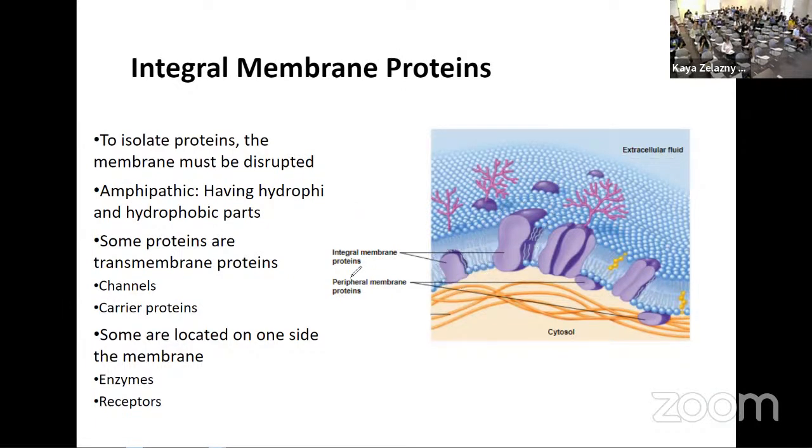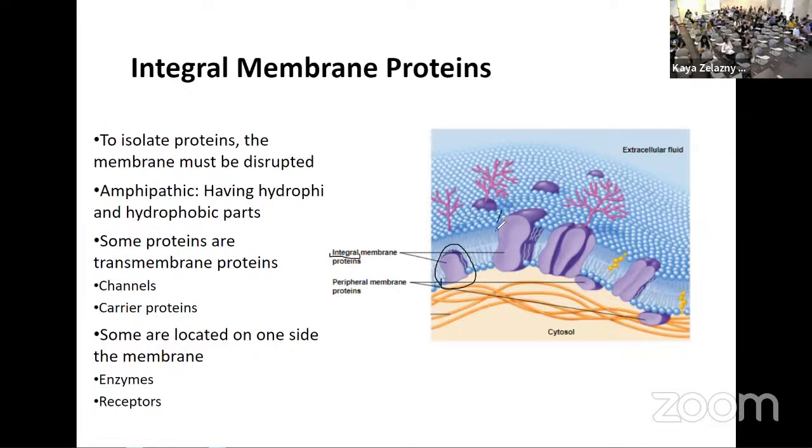Okay. So, some specific words. An integral membrane protein means it's integrated into the membrane. So that's one that's going at least partway through, touching both parts. We refer to something as a transmembrane protein, trans meaning across the membrane.